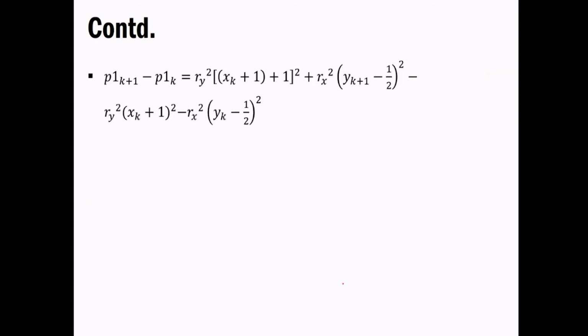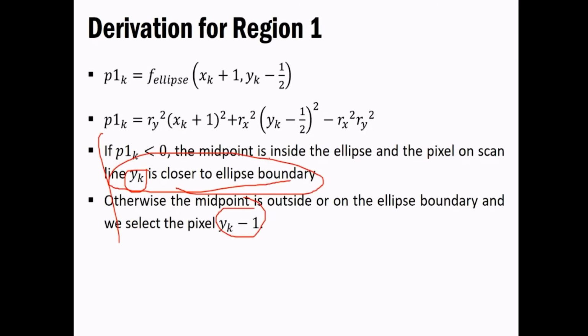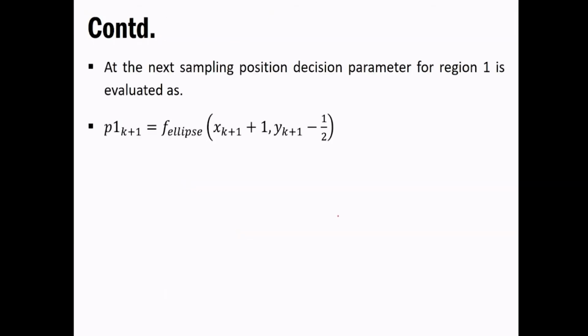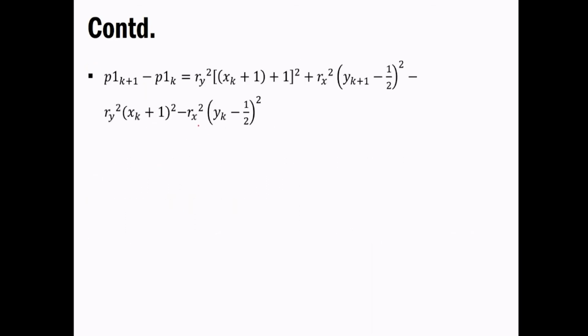The same thing is written over here. After removing this particular thing, that is rx square and ry square, after simplifying this you would be remaining with the terms that we have.